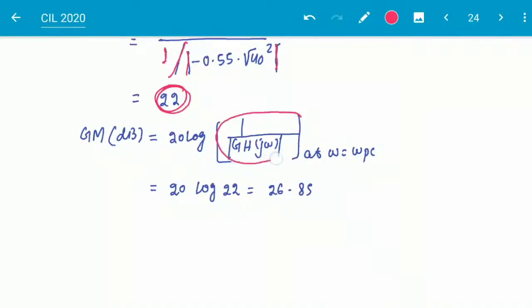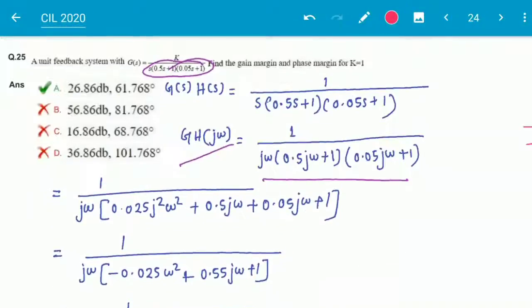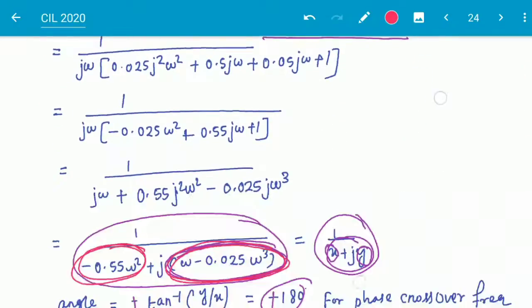This is the gain margin, and in case of decibel this is 20 log of gain margin, and this is coming to be 20 log 22, which is equal to 26.85. From this we can choose the option 26.86, option number A.